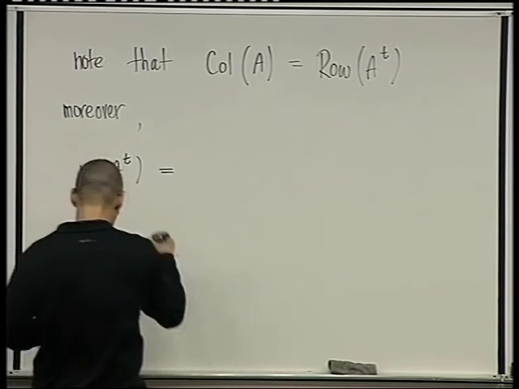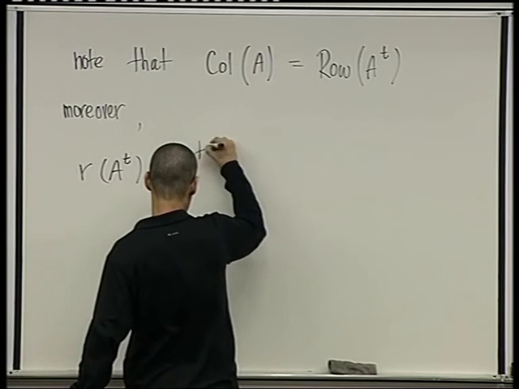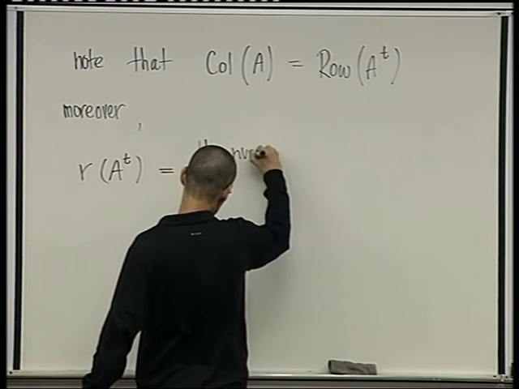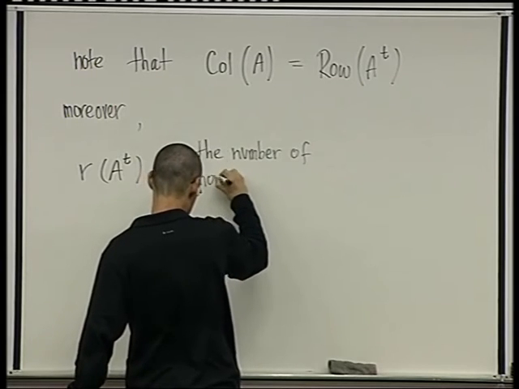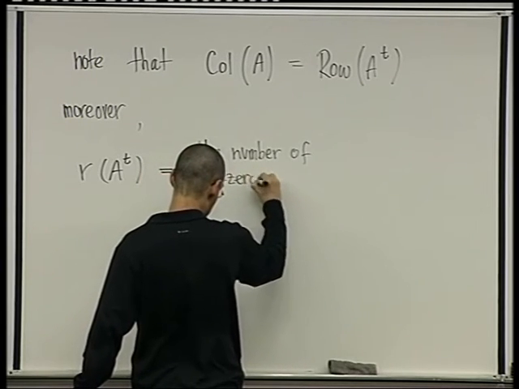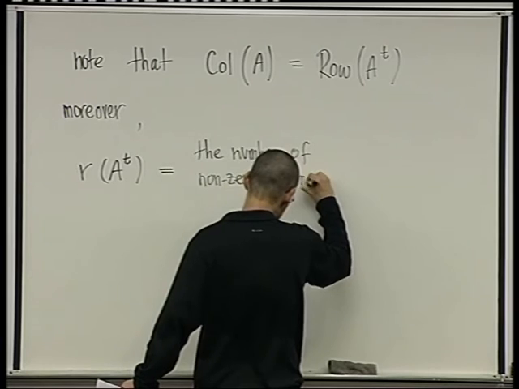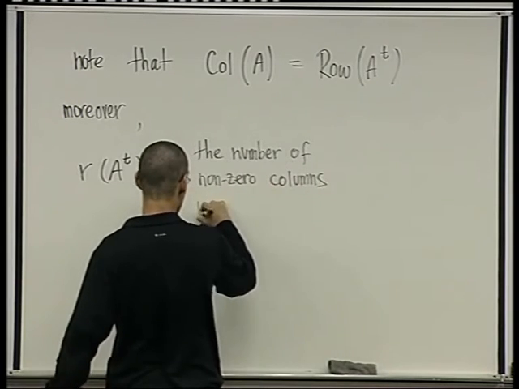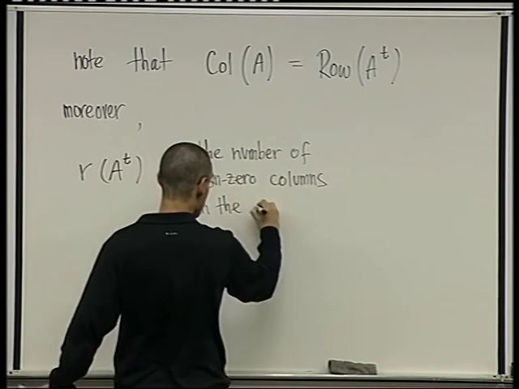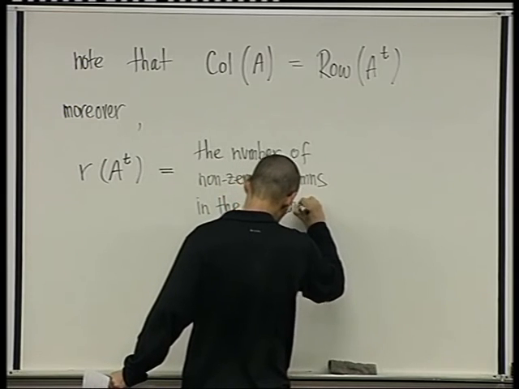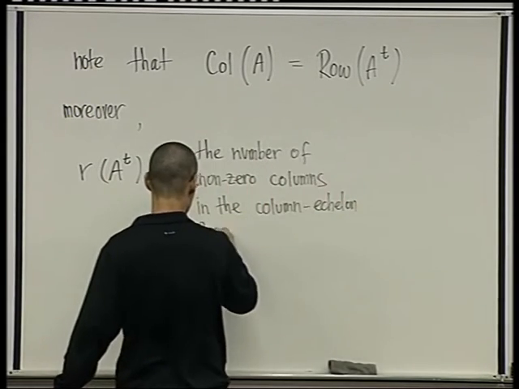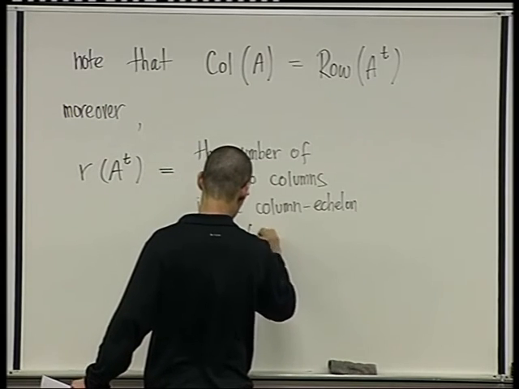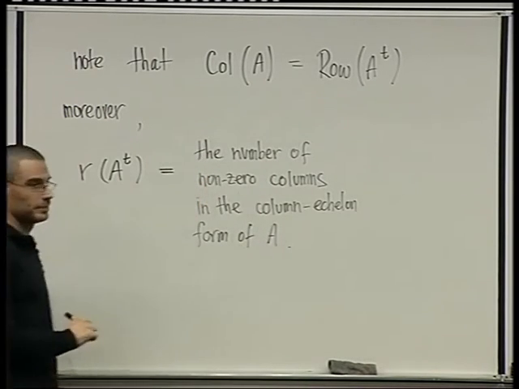The rank of A transpose is the rank of A by columns, which I'm not going to define. I'm just going to say it's this. So the rank of A transpose is the number of non-zero columns in the column echelon form of A itself.